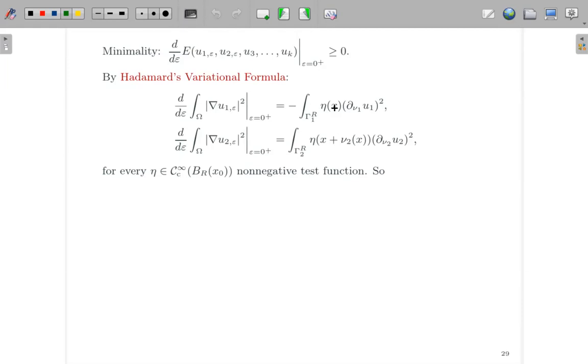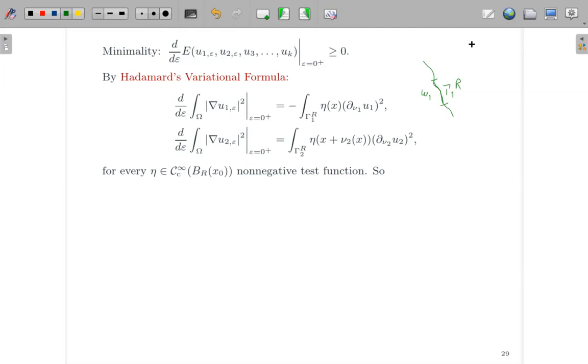It will be this on the one side, where the important notation is gamma 1R, which is this one here. It will be minus, because remember, I'm pushing outwards, so the set becomes larger and the eigenvalue goes down.